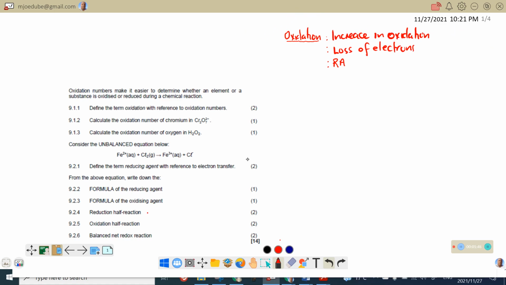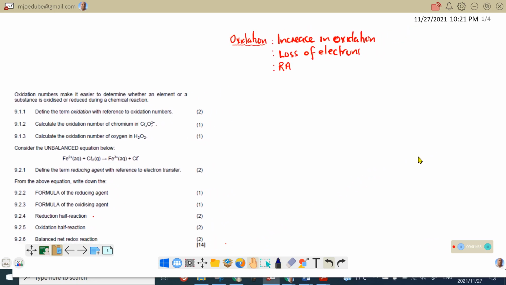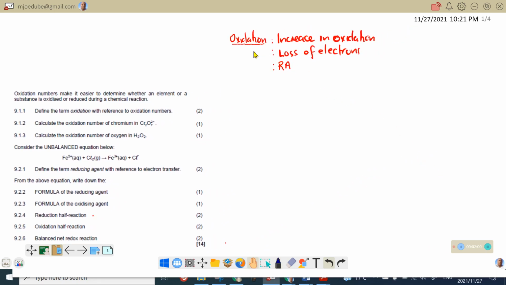Now remember the processes of oxidation and reduction occur simultaneously, but they are opposite. So when it comes to the definition of reduction, you just have to look at the definition you've written about oxidation, and for reduction it's going to be the opposite.